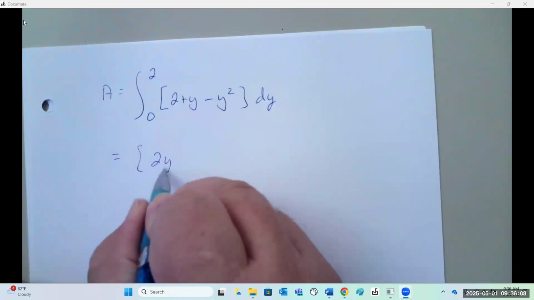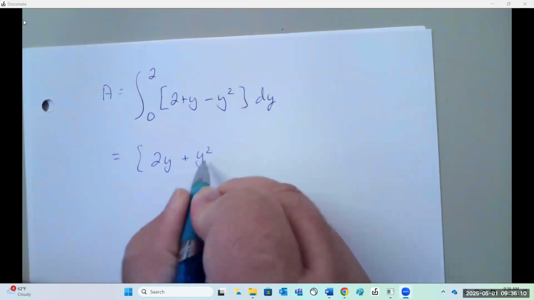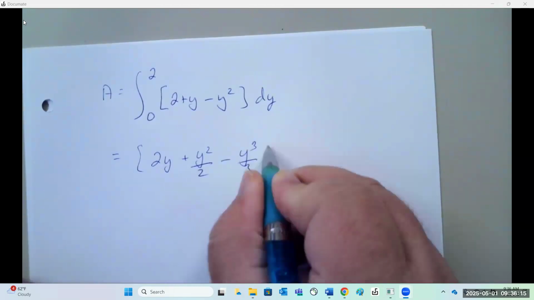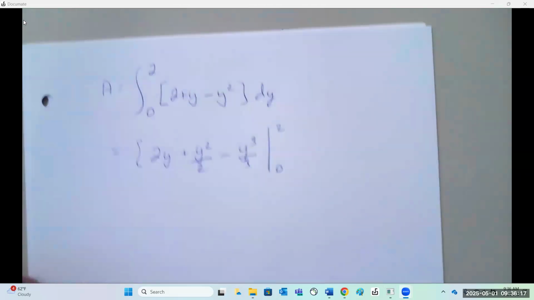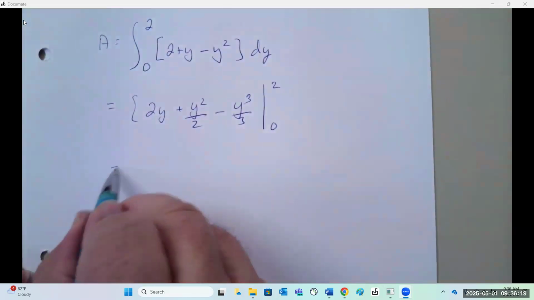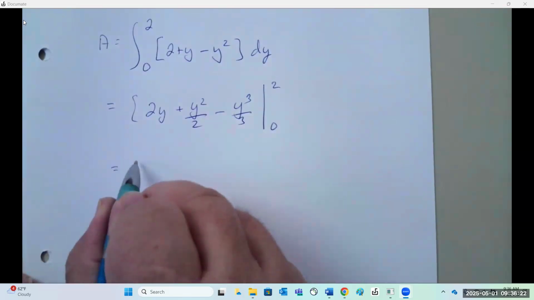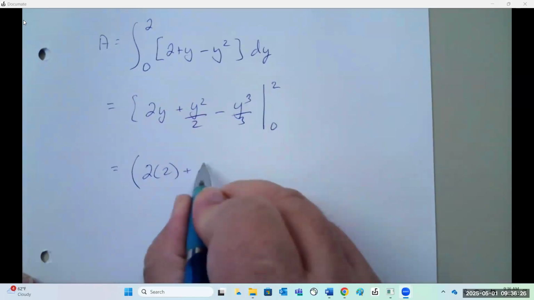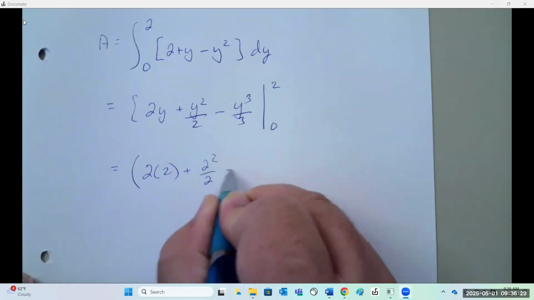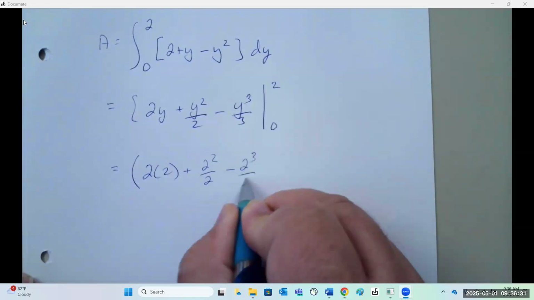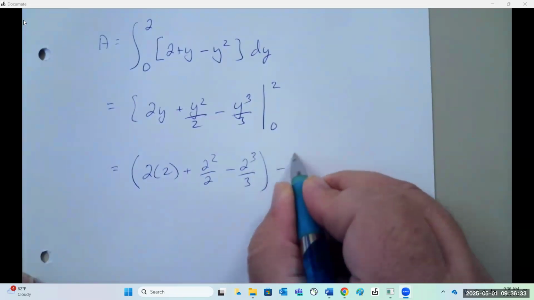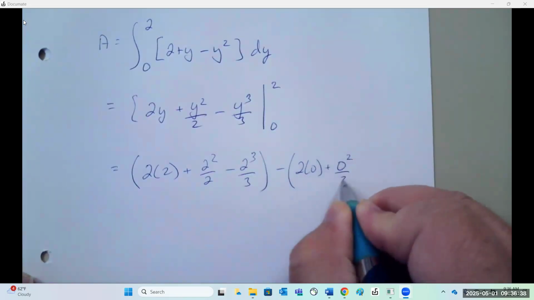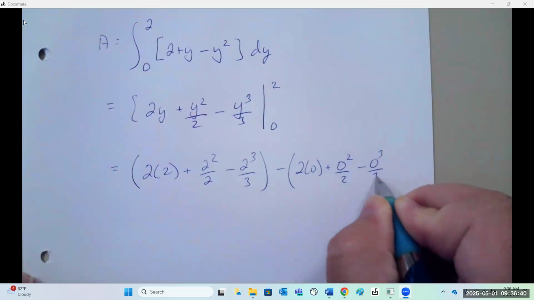So now we can integrate those. We get 2y plus y squared over 2 minus y cubed over 3 from 0 to 2. Two times 2, 2 squared over 2, 2 cubed over 3, minus 2 times 0, 0 squared over 2, 0 cubed over 3.